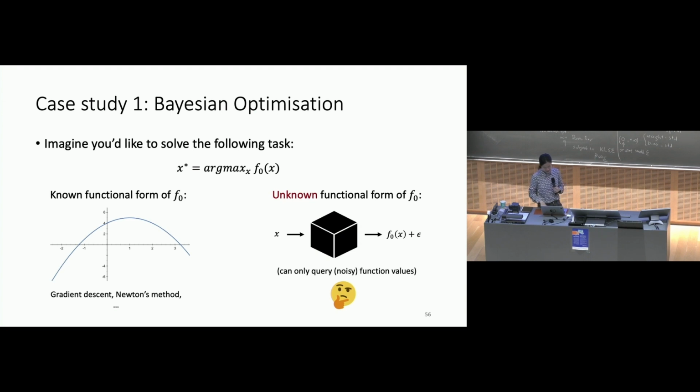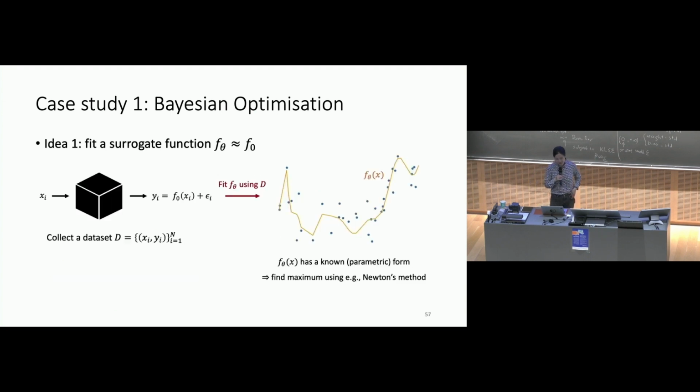So the very first idea is: since I can simulate a data set from this black box, I can perhaps fit a neural network to this data set and then use this neural network as a proxy to this ground truth function f0, and then I run gradient descent there. Okay, so this is the very first idea.